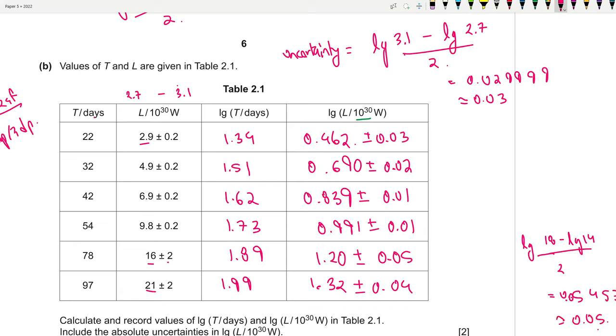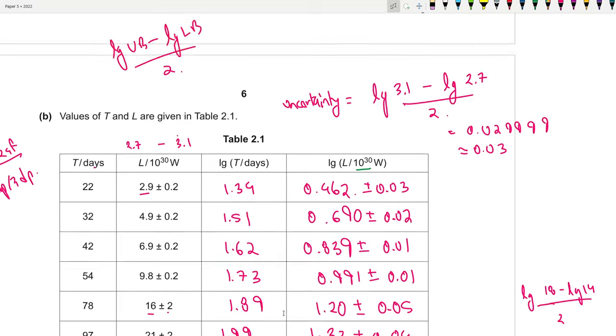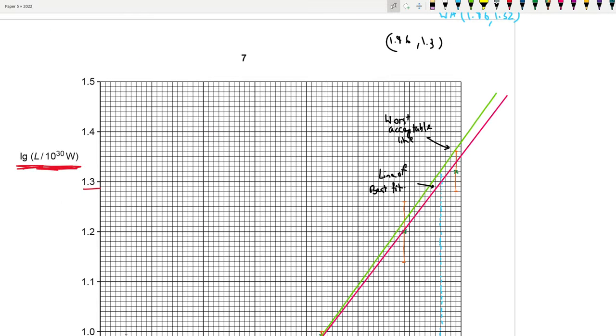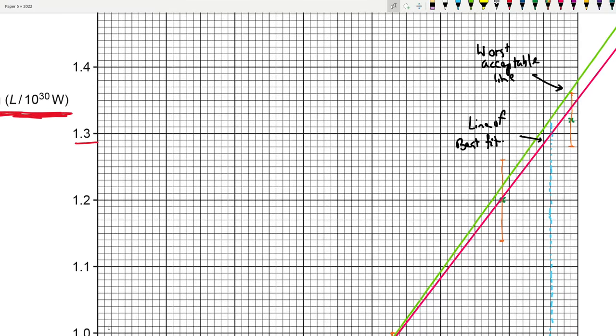They did accept 0.06 in the mark scheme, but honestly, it shouldn't be 0.06. It should be 0.05. Okay, so I do have a slight error here. I actually extended it a bit too much, but that's fine. It should be 0.05. Where's my orange color?